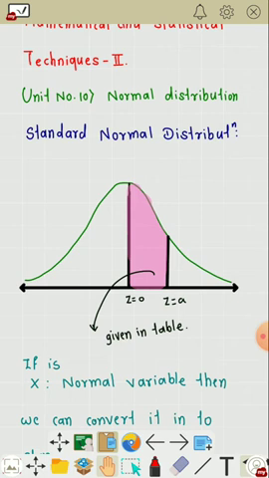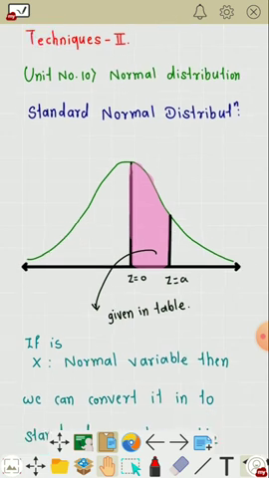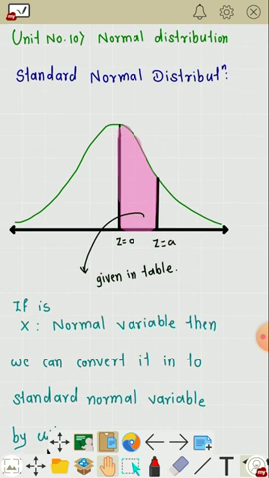So, as we know, the curve of a standard normal variable or a normal variable is bell shaped and it is symmetric about mean, or symmetric about z equal to 0.